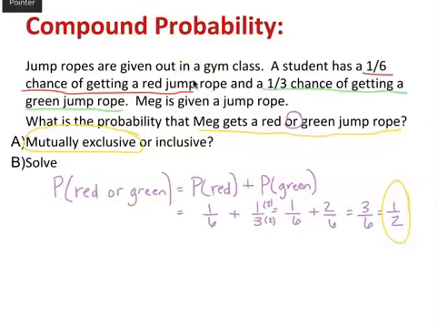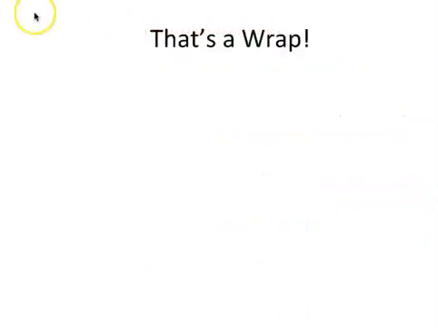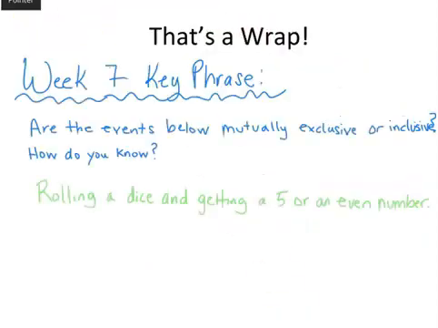That was our last example. So now it's time to move on and answer the key phrase assignment. All right, ready for the week 7 key phrase assignment that I just put up. We talked in this session about mutually exclusive and mutually inclusive events and how we can determine the difference between the two.